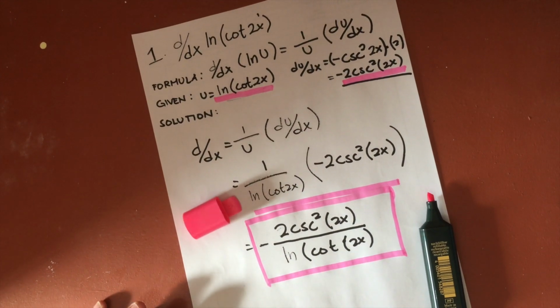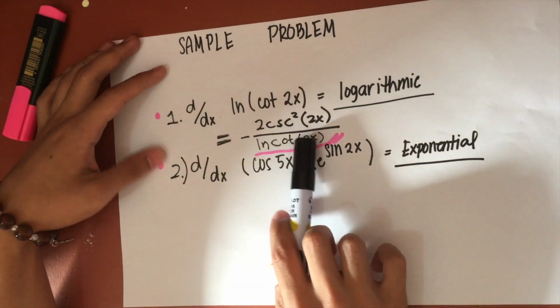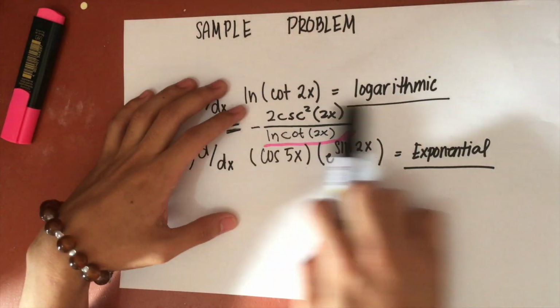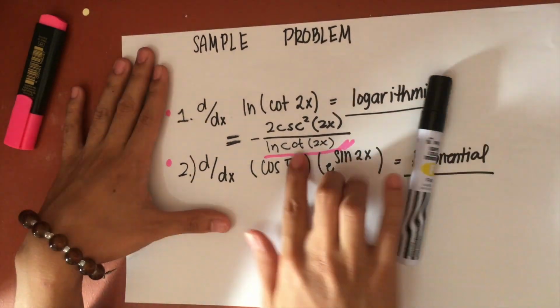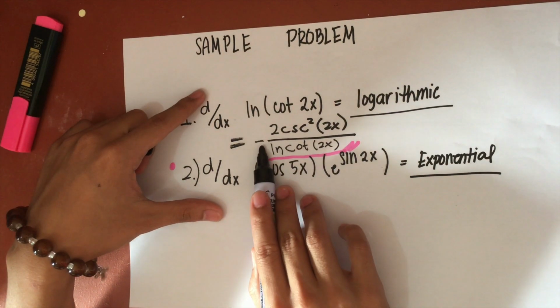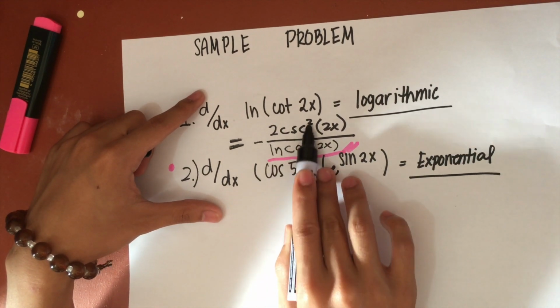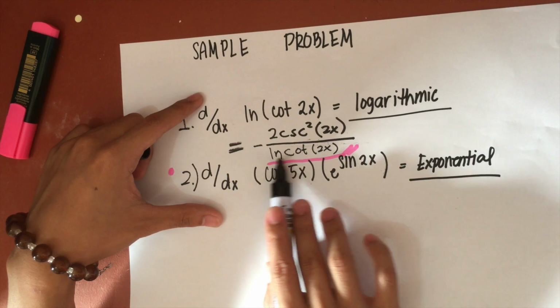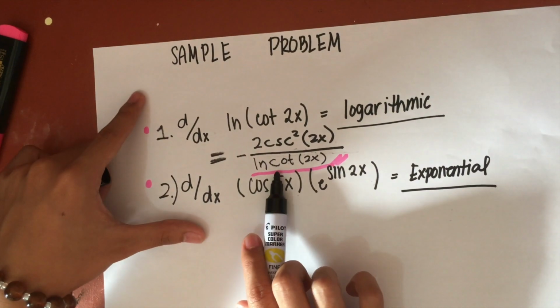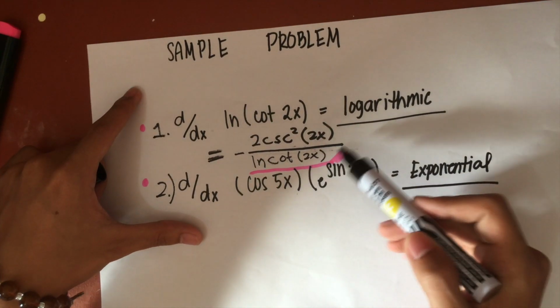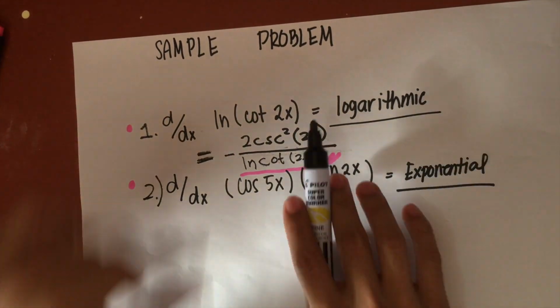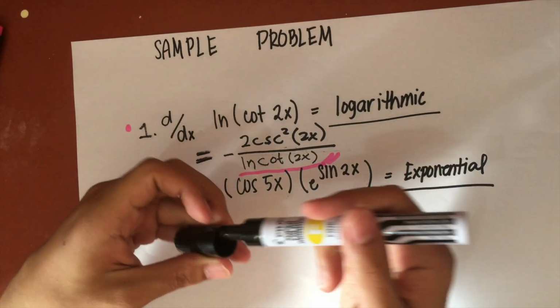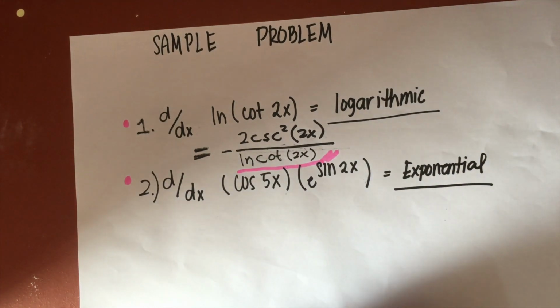Done. Now that's problem number 1. We solved this problem earlier, and it has the answer of negative 2 cosecant squared quantity 2x over ln, the natural logarithm of cot quantity 2x. Now this is just the simplified form of this problem.